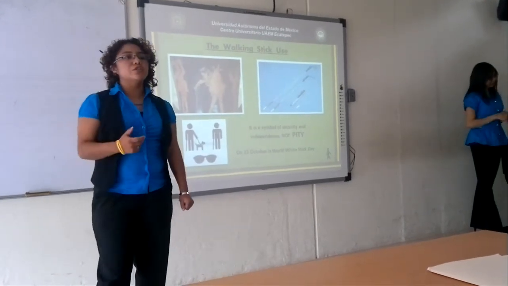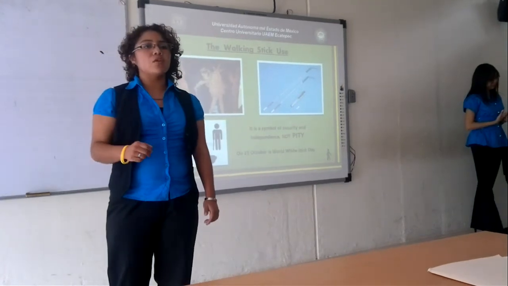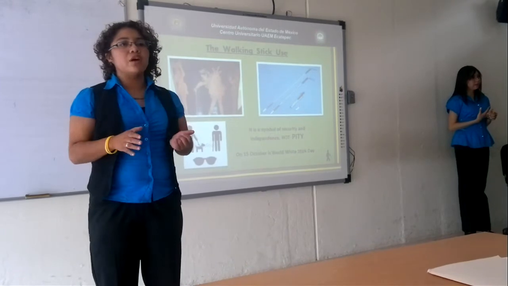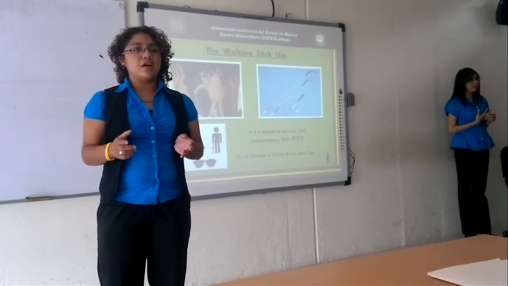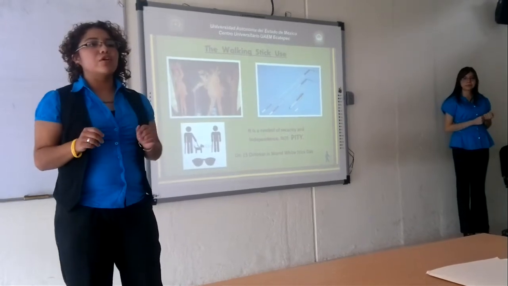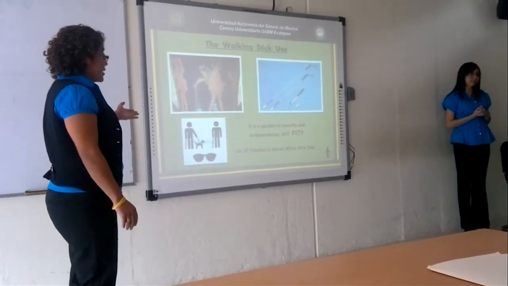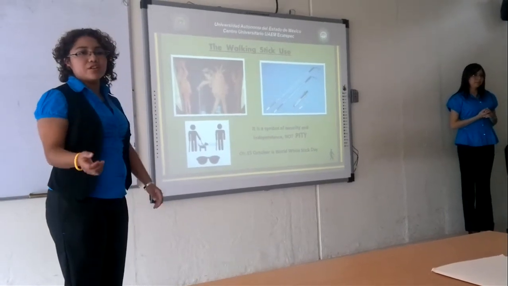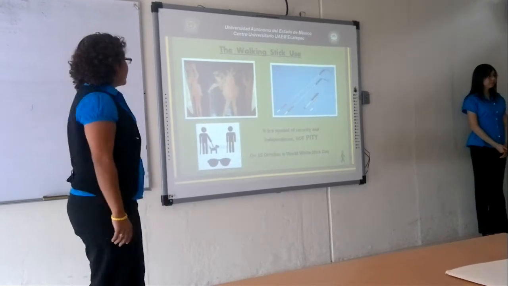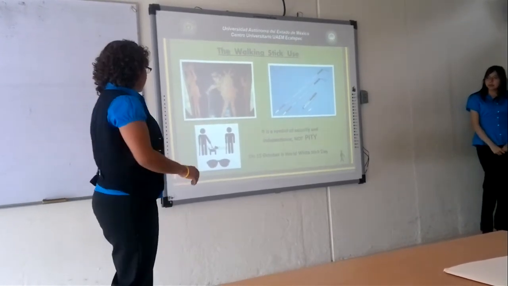The walking stick is used by many people who are blind or visually impaired. Its primary use is as a mobility tool or as a courtesy to others. The walking stick is a symbol of security and independence. 15 October is World White Cane Day.